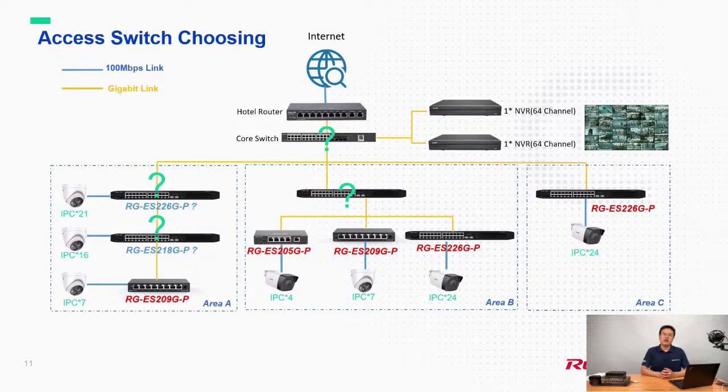For example, for area A, the red words are ES209GP; for area B, we suggest the ES204GP, ES209GP, and ES226GP switch. Area C is also like area B, because in the chain topology, the upper switches are also connected to the IP cameras directly, so we can use the same logic of access switch choosing.